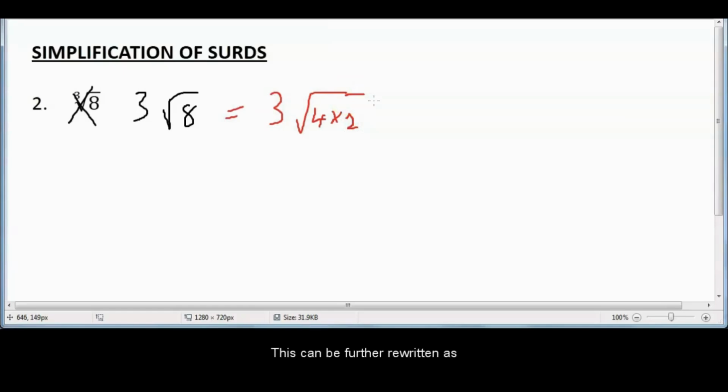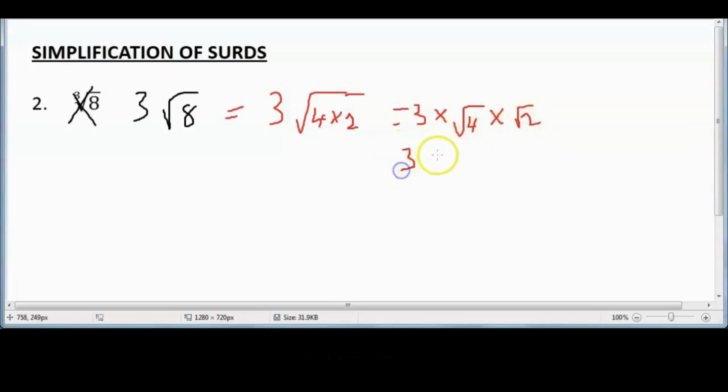This can be further rewritten as 3 times root 4 times root 2. The square root of 4 is 2. This then translates to 3 times 2 times root 2. 3 times 2 is 6. So our final answer should be 6 times root 2.